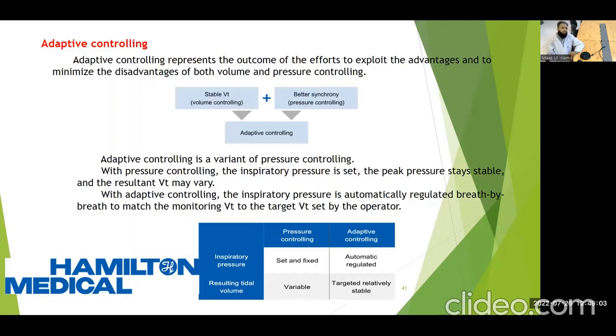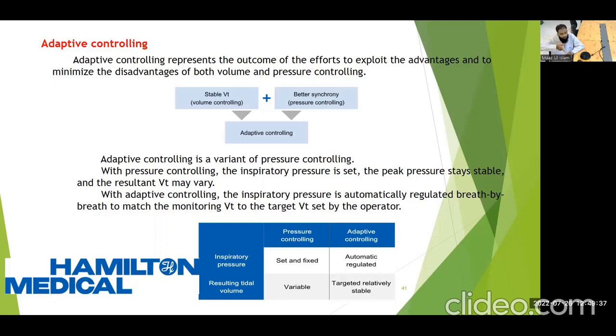So adaptive controlling. What is adaptive controlling? Adaptive controlling represents the outcome of the effort to exploit the advantages and minimize the disadvantages of both volume and pressure controlling. Basically, I can say that it is a combination of volume control and pressure control, because in adaptive controlling we target the tidal volume, not the pressure.